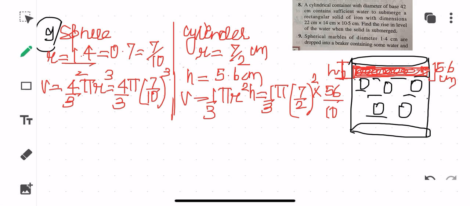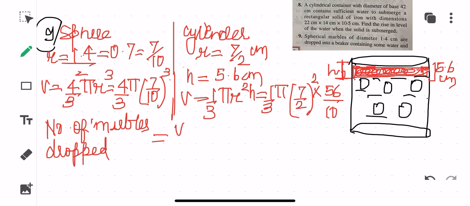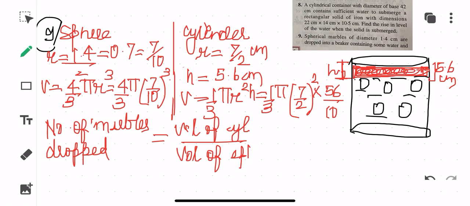Now what you will be writing, the formula says number of marbles dropped, not balls, children, these are marbles, is equal to volume of cylinder divided by volume of small sphere. Now we'll replace the values to find out what we are getting.